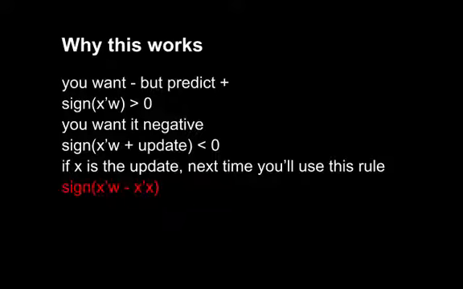If it needs to be more negative, the label is -1, and it subtracts. That's it. You see the data point. If you are correct, you're correct. You shouldn't mess with anything. If you're wrong, you need to make a change. You need to make it more positive or more negative, so next time you won't make the same mistake. That's all the perceptron is.